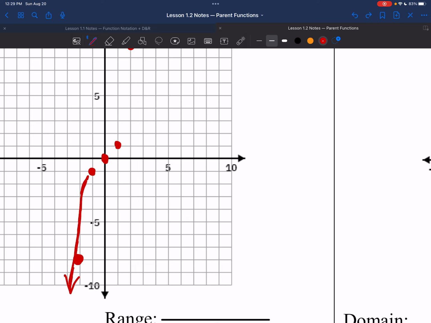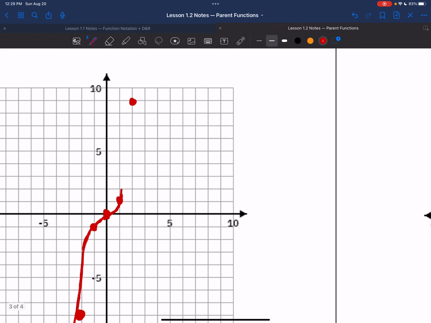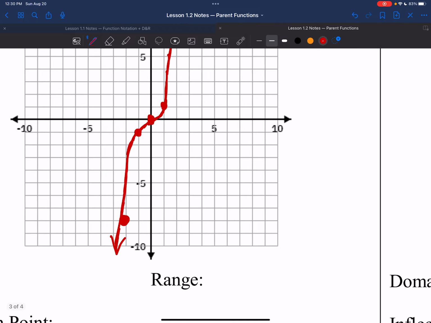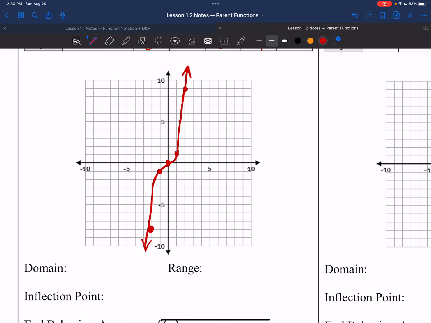Now, you want to try and get this curvature nice and defined here. It bends in this middle region, okay? Kind of bends like this. And then it goes up. I know that looks kind of straight, but it's just that it's growing really, really fast right there. Okay, more or less it looks like that. I might fix it a little bit later, but it looks something like that, okay?